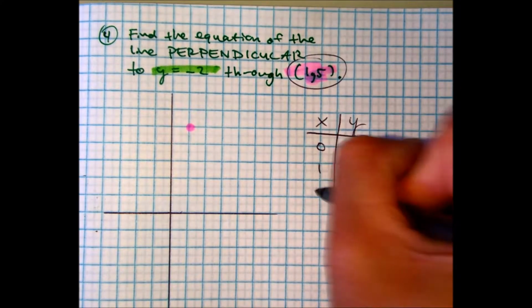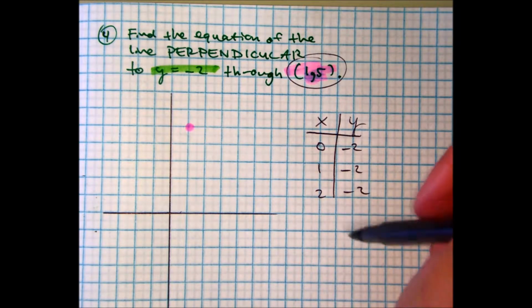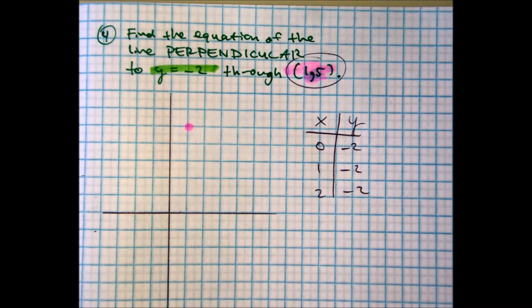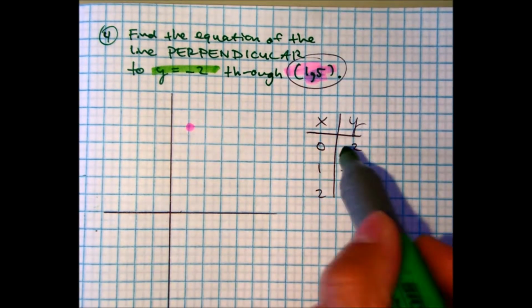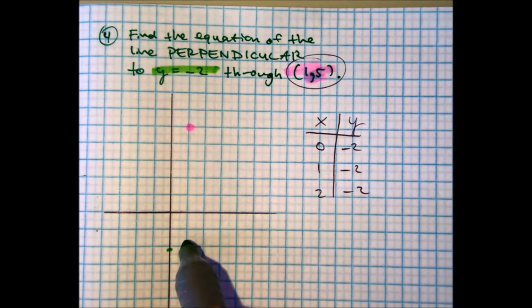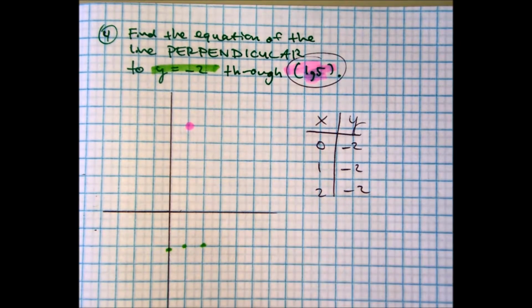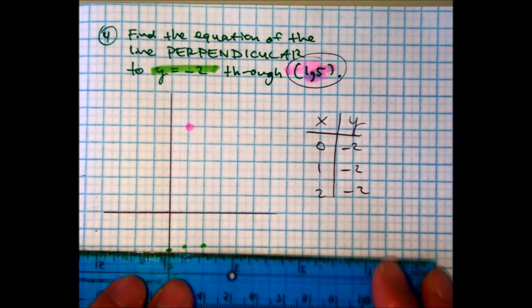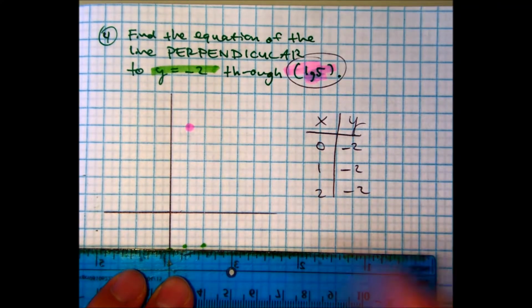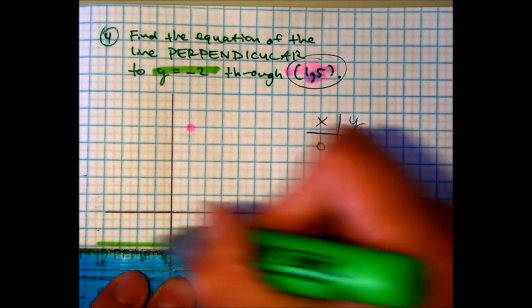It's saying it doesn't matter what the input is, your output will always be -2. So let's graph. Stay, down 2. Right 1, down 2. Right 2, down 2. This is the graph of y equals -2.